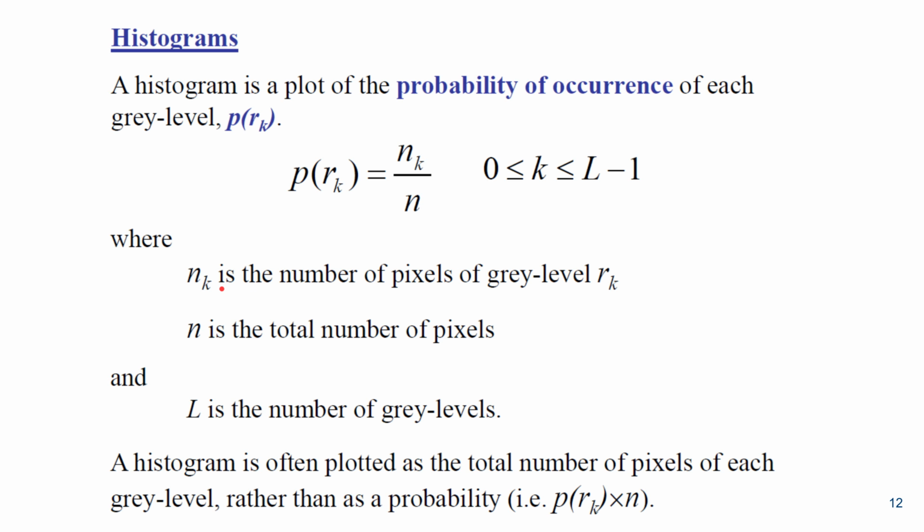So nk here is the number of pixels of a particular grey level, rk, and n is the total number of pixels, and L is the number of grey levels. So remember, for an 8-bit image it would be 256, and for a 16-bit image L here would be 64,000. I think that's a number around that. Okay.